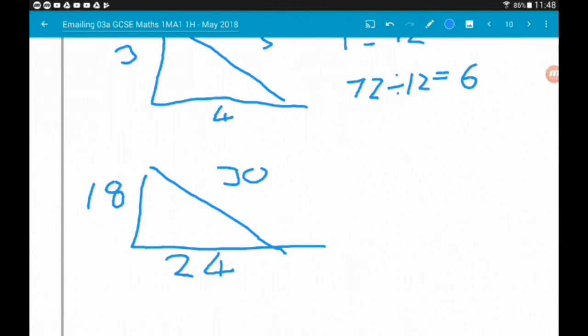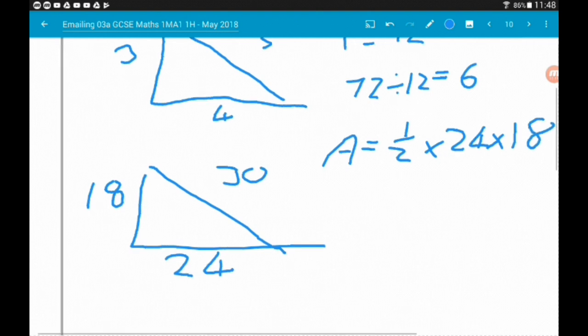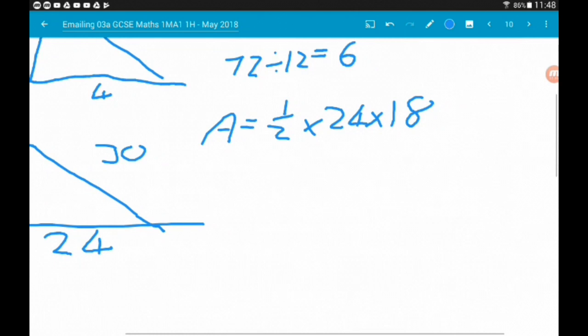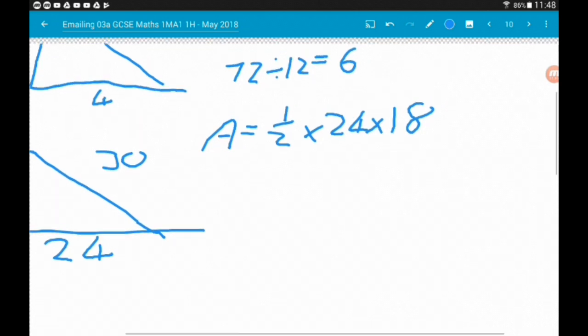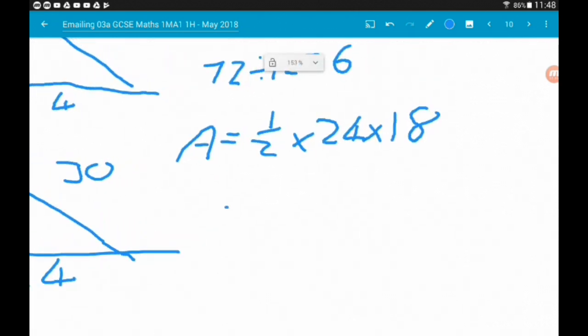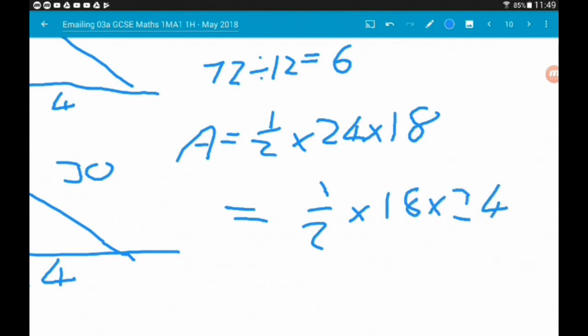The area then is 1/2 times 24 times 18. Now that doesn't look like the nicest thing to work out with our calculator. What I would do here is think of it instead as 1/2 times 18 times 24.